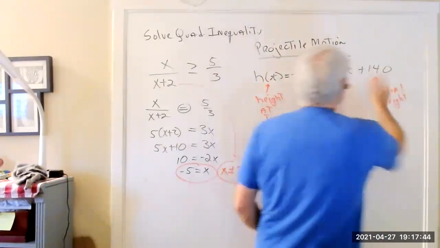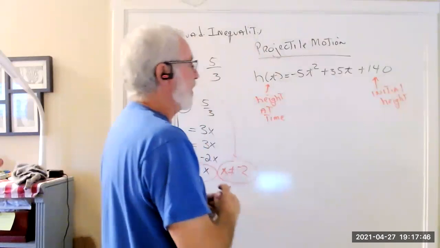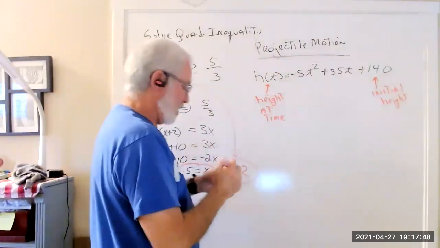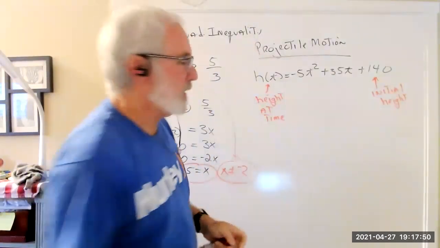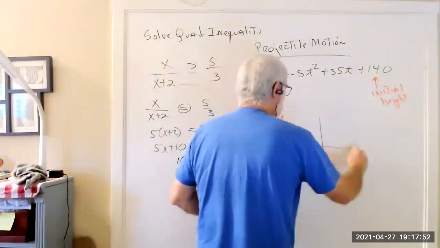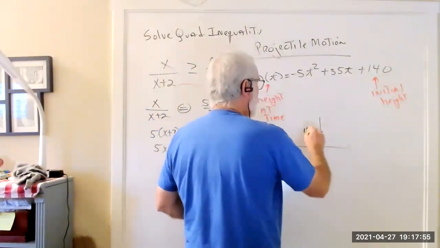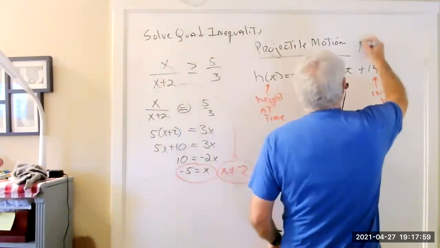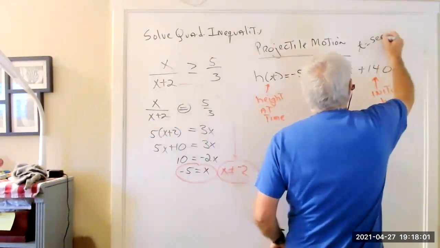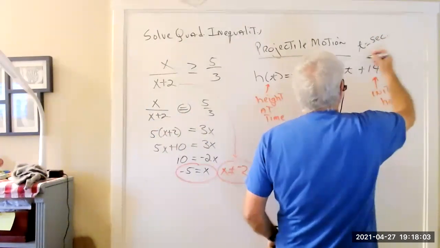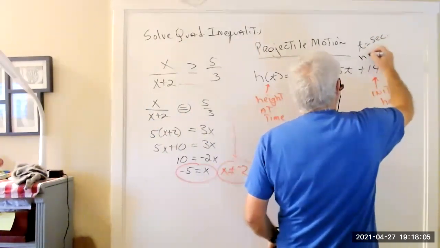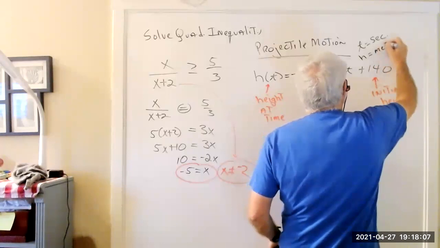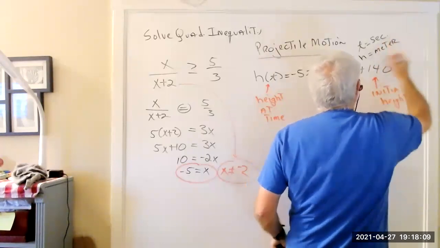I'm not sure you need the rest of the garbage right now, but this is the formula of a rocket going up in the air. It starts at 140. Now, t equals seconds or minutes or whatever, and h is equal to meters. Now, it said that in the problem.